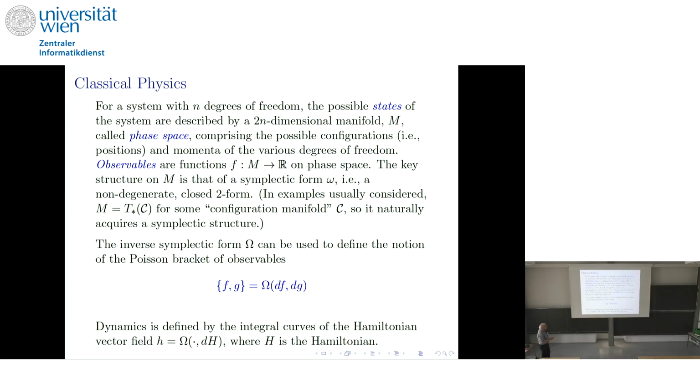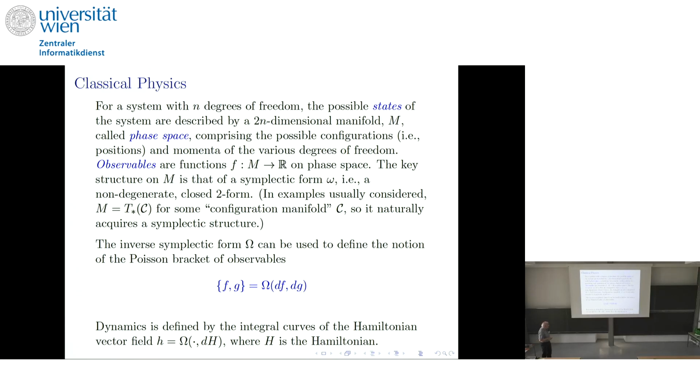And one gets from this structure an algebraic kind of structure on observables given by the Poisson bracket. If you take the inverse of the symplectic form and apply it to the gradient of two observables, that defines their Poisson bracket, which is some other function on phase space, so some other observable. So that gives an algebraic structure on observables.